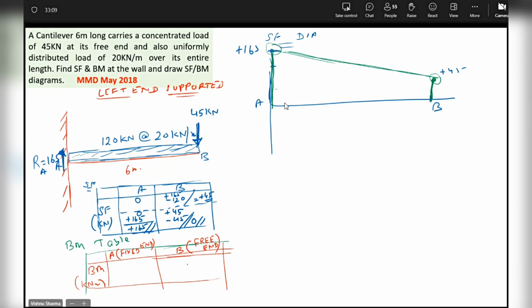And now I will go from the free end to the fixed end. Please pay attention to what I'm saying now. BM is the issue with cantilevers. Now, in my case, if I have to go from the free end, where it is 0, to the fixed end, will I be going left to right or right to left, guys? Is it right to left or left to right?